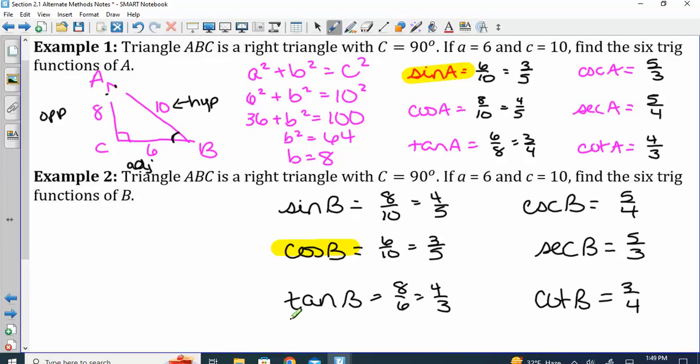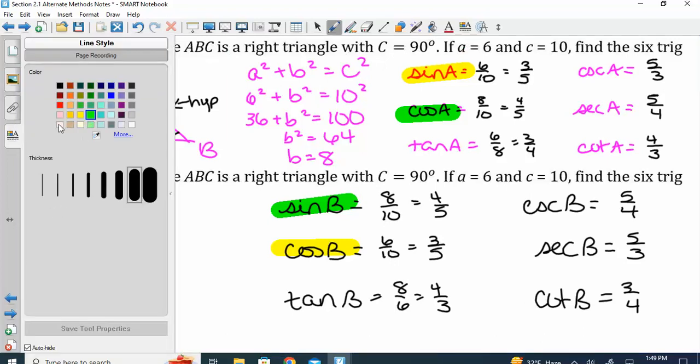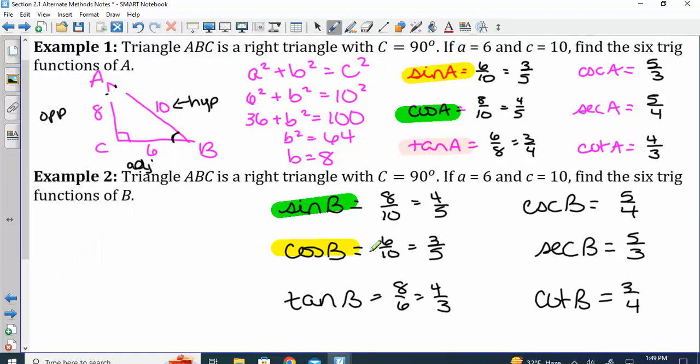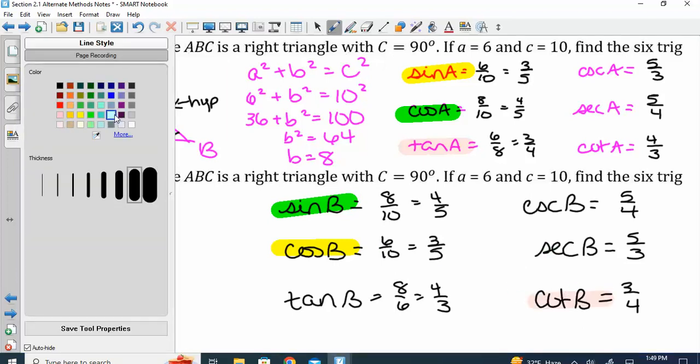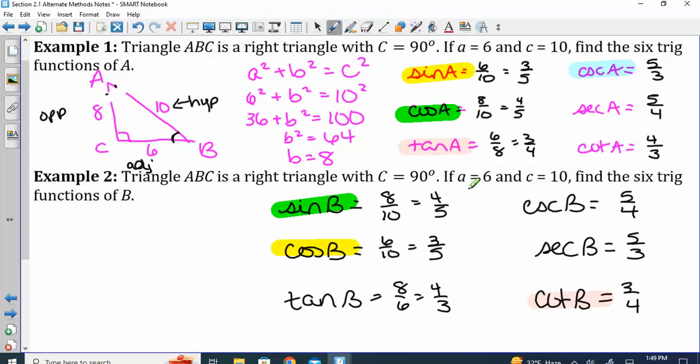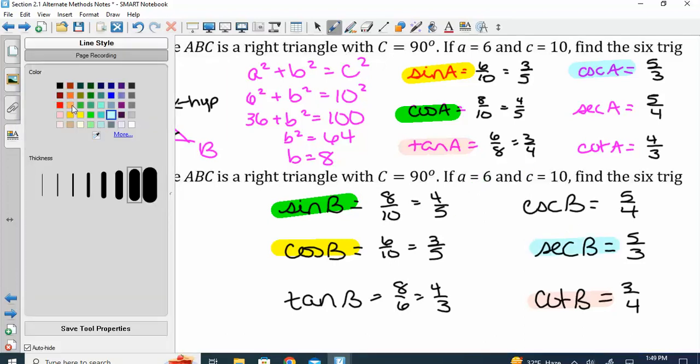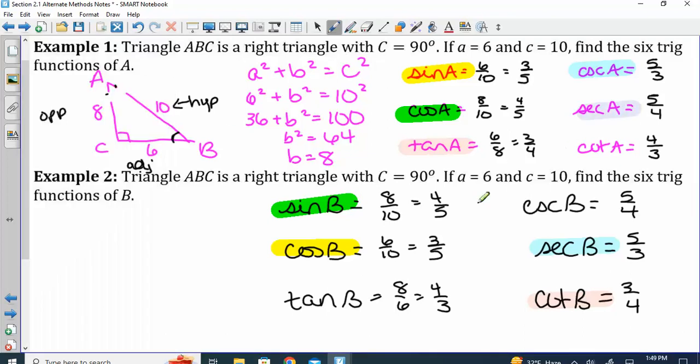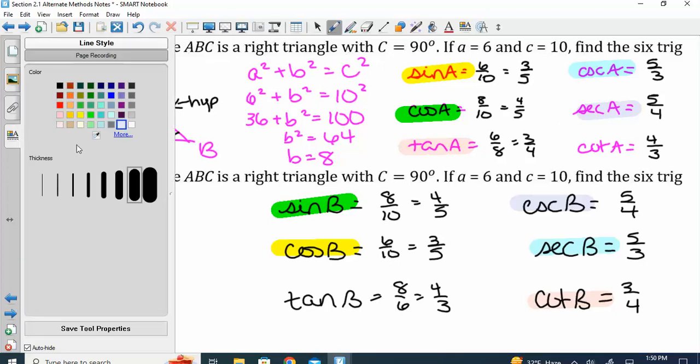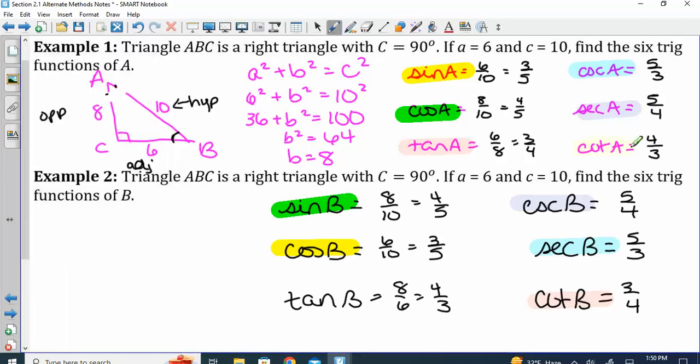Sine of A was equal to cosine of B. Cosine of A became sine of B. Tangent of A is cotangent of B. Cosecant of A, secant of B. Secant of A, cosecant of B, and finally cotangent of A became tangent of B.